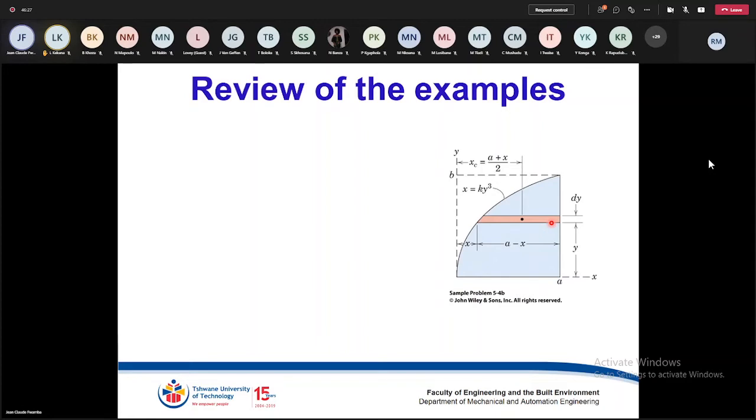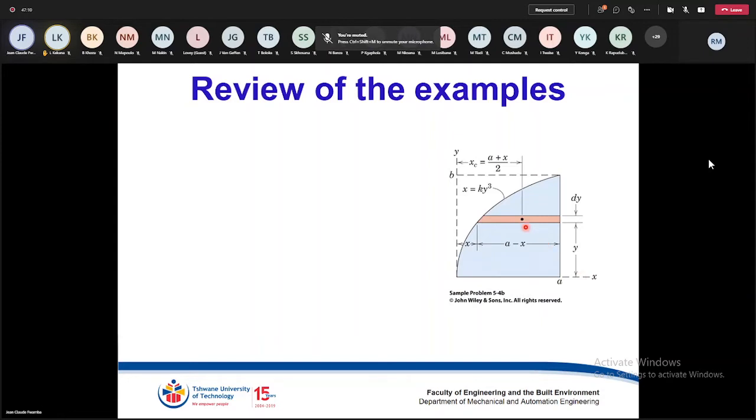By definition, your x perpendicular distance, here they call it xc to avoid confusion between the x's, is the distance from the centroid of your stripe up to the y-axis. The y perpendicular distance is the distance from the centroid up to the x-axis.